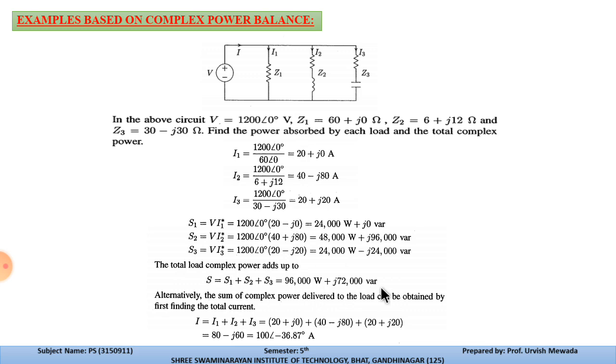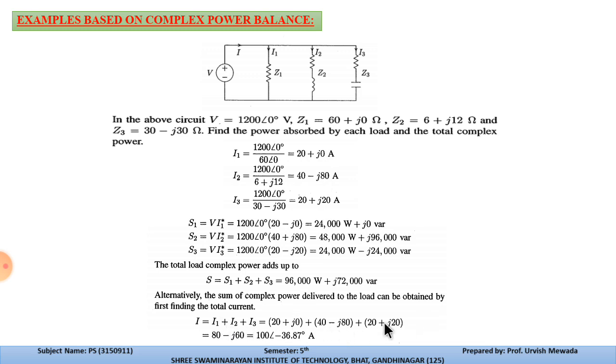Now we have all the currents, so the sum of the complex power which is delivered to the load can be obtained by first finding the total current. So the total current, I1 plus I2 plus I3 is equal to I, so that's why the equation is written here. I1 is 20 plus j0, then I2 is 40 minus j80.